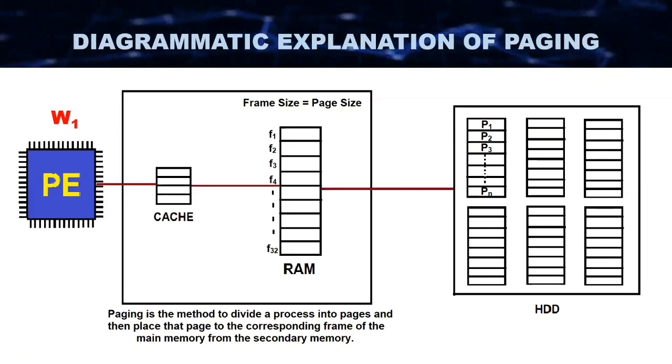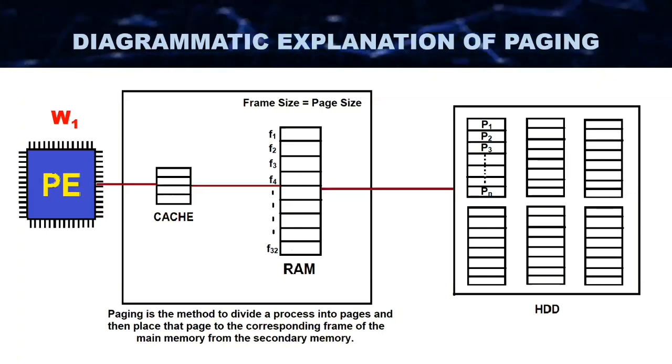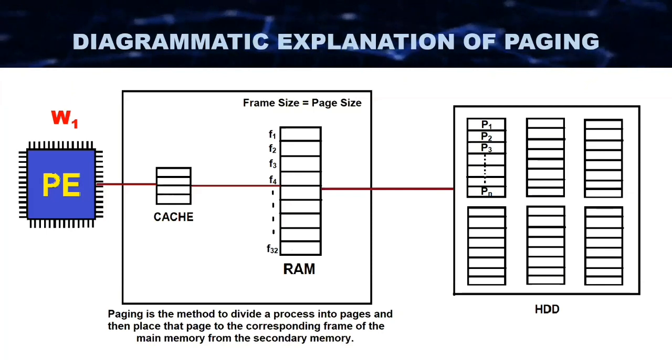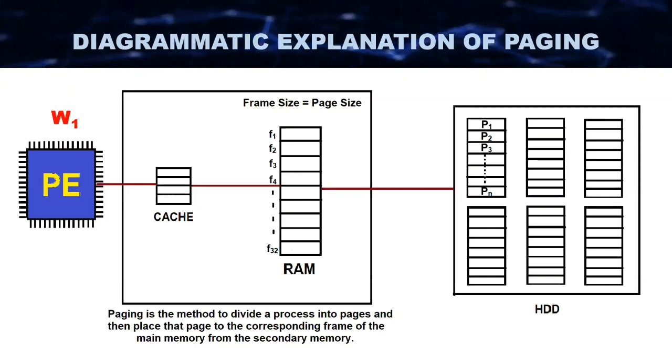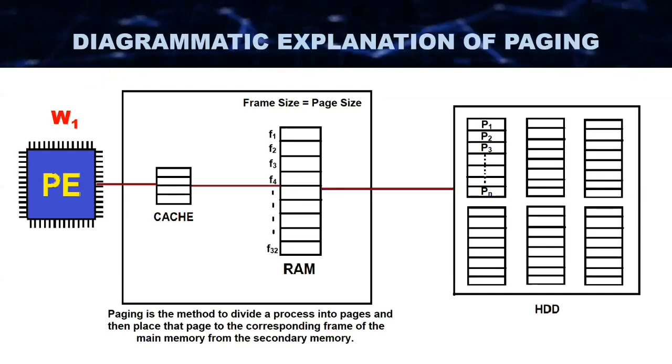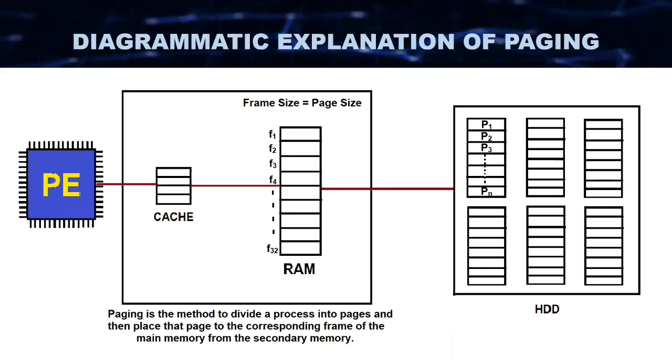Then the operating system searches for that word inside the secondary storage device. Here we assume that our secondary storage device is a hard disk drive. So the OS continues the search. Now suppose the operating system finds that word inside the process P1.